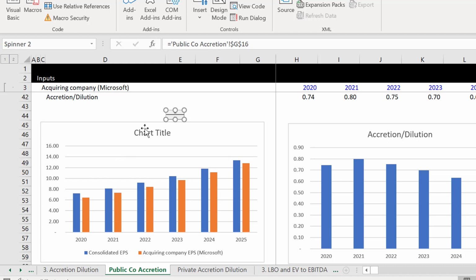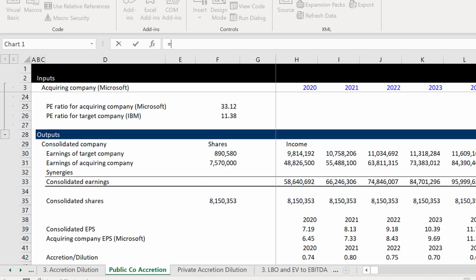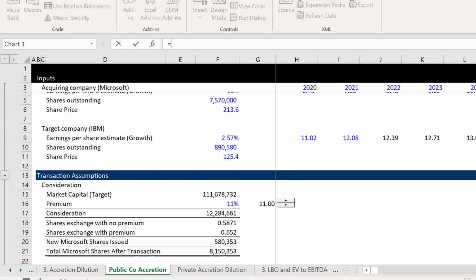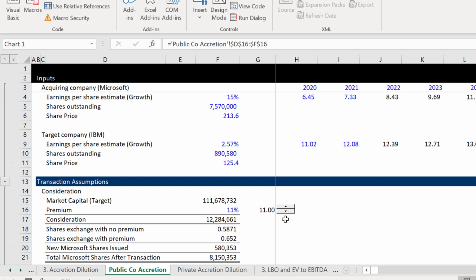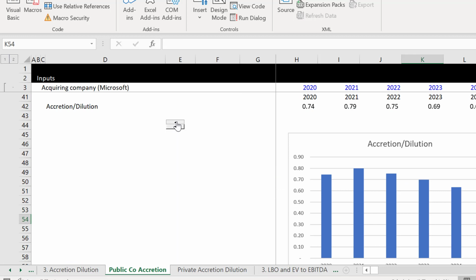Maybe I'll put the premium up here. And then we can put our premium higher or lower.